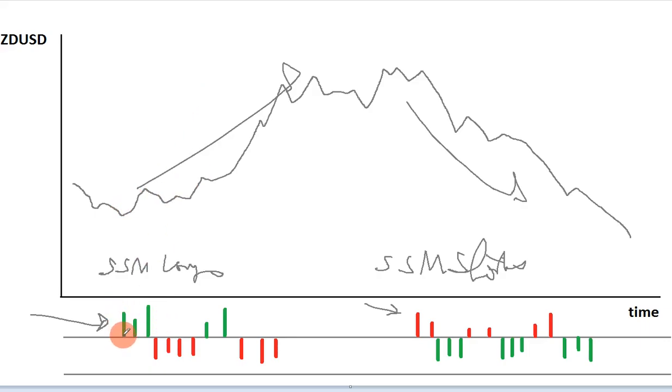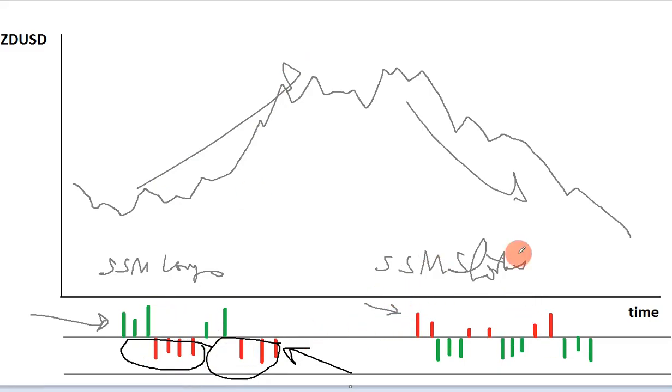The more they're in profit, the higher the bar will grow. At the same time, you also see all the dumb money traders who are in loss, countering those semi-smart traders. The traders below this middle line are in loss, and you often see this pattern: whenever you have a few longies on the semi-smart side in profit, you have many dumb money shorties in loss, getting more and more into loss as a result of the up move against them.